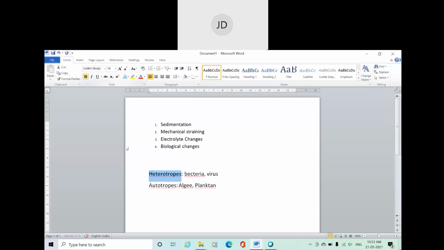So this virus and bacteria oxidize the organic matter present in water and they produce carbon dioxide, CO2, and that carbon dioxide can be used by these autotrophs present in the impurities layer. These autotrophs mainly use carbon dioxide for photosynthesis.